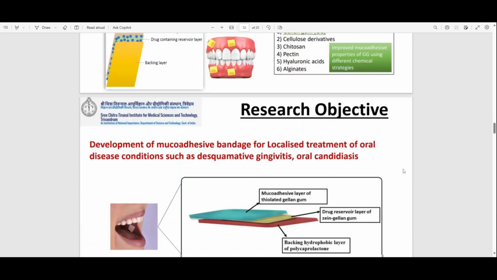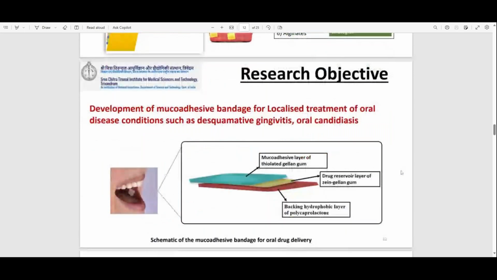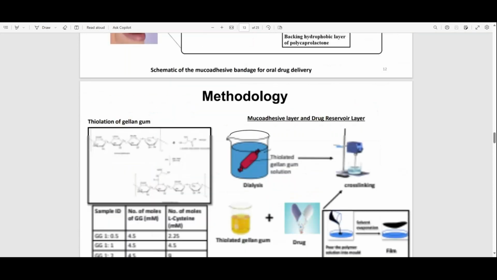The objective of this presentation is to develop a mucoadhesive bandage for localized treatment of oral disease conditions such as desquamative gingivitis or oral candidiasis, and this is a schematic of our product.